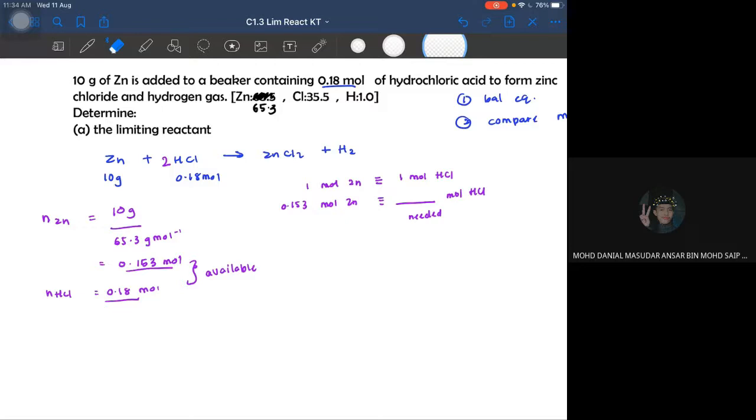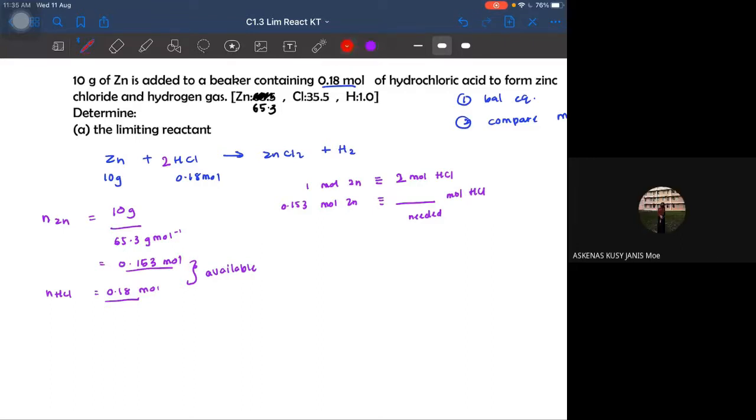Okay, so sini from the equation 1 mol zinc needs 2 mol of HCl. Alright, so berapa mol of HCl needed? 0.306.